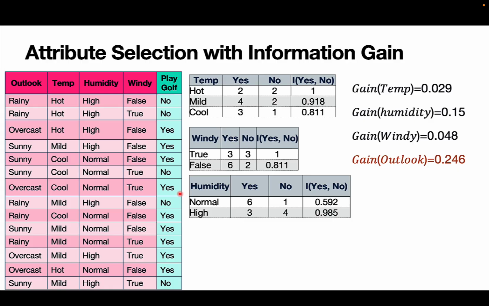To evaluate the remaining attributes, temperature, humidity, and windy, we apply the same steps and we end up with these information gain values. And as you can see, outlook is the attribute with the highest information gain among these options.